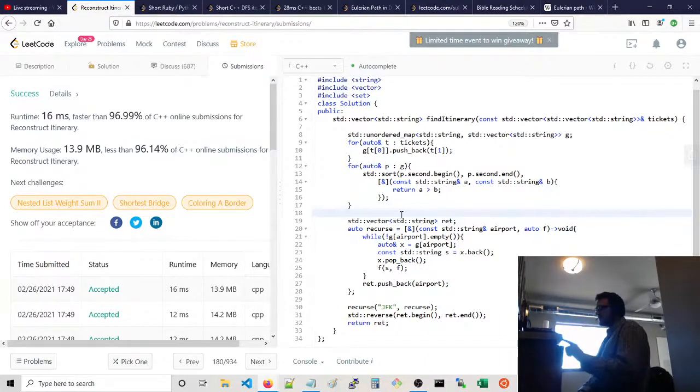So each node that we visit, we're going to append it after everything else we've done. And effectively, in the beginning, we're going to write the final loop, the ending portion, left to right.